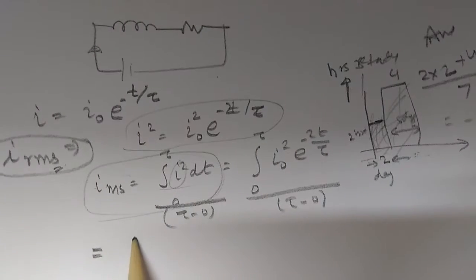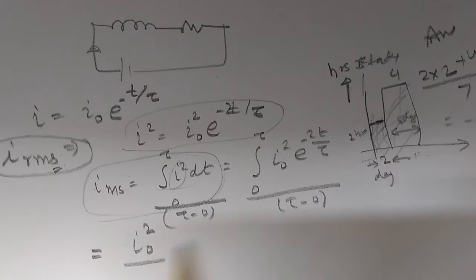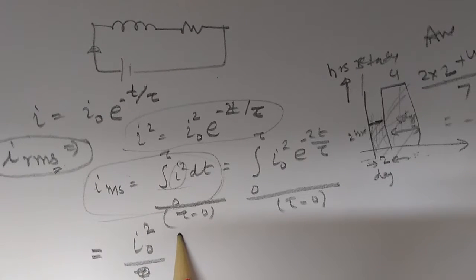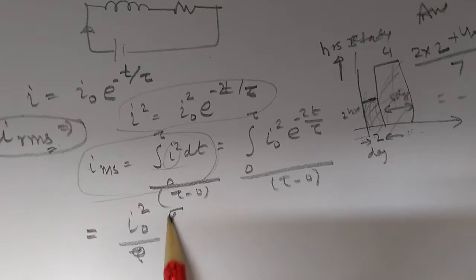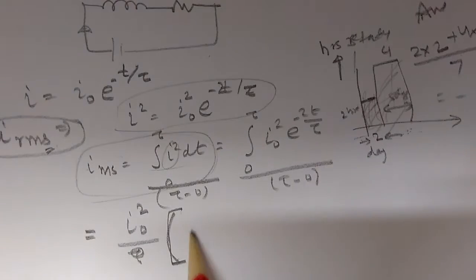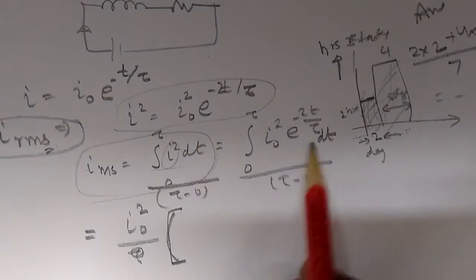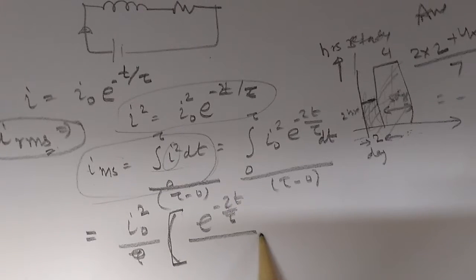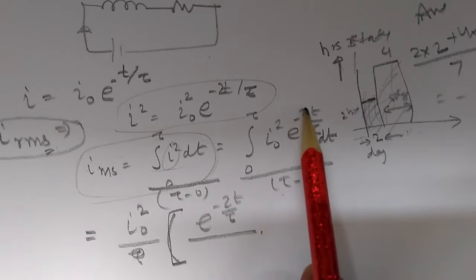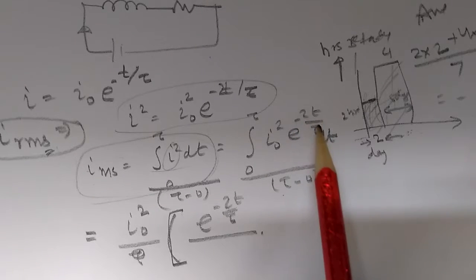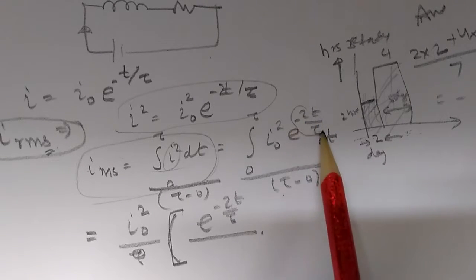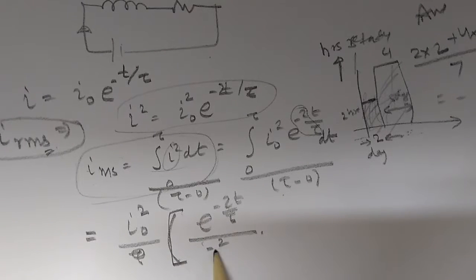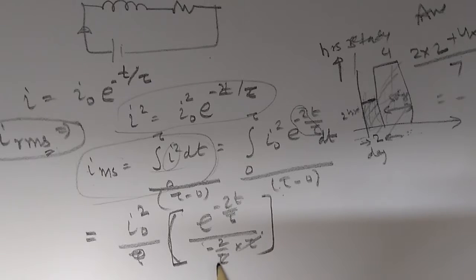I naught squared is constant, so it comes out. The tau, let's keep it inside. To integrate, we have e to the power minus 2t by tau dt, which becomes e to the power minus 2t divided by tau, divided by minus 2 by tau, multiplied by this tau, which cancels out, and then we evaluate from 0 to tau.